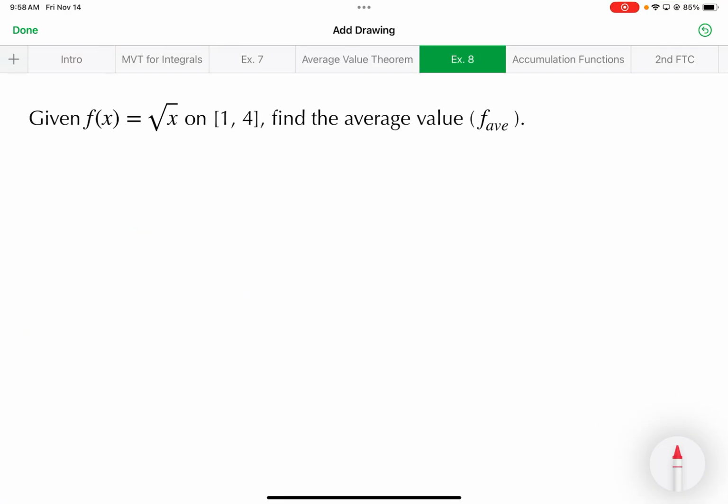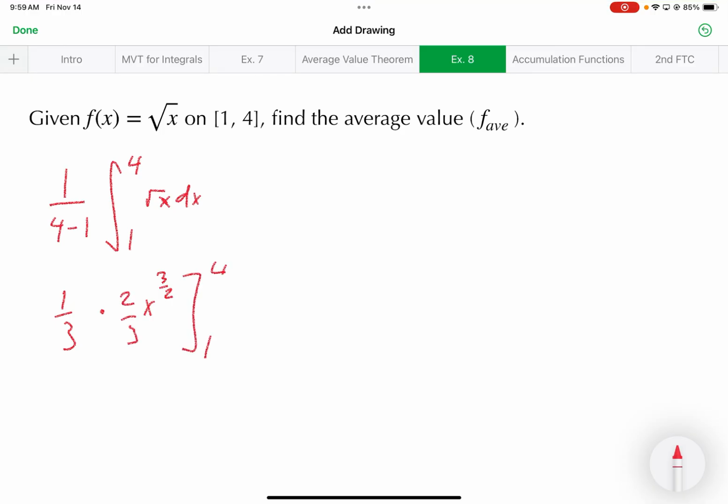All right, cool. Let's do the same thing with square root of x, show that it's the same, and then I'll be done talking at you. So 1 over 4 minus 1, average value again, integral from 1 to 4 of square root of x dx. One third. And then our antiderivative: x to the 1/2 becomes x to the 3/2 multiplied by its reciprocal of 2/3, evaluated from 1 to 4, which gives us 2/9.